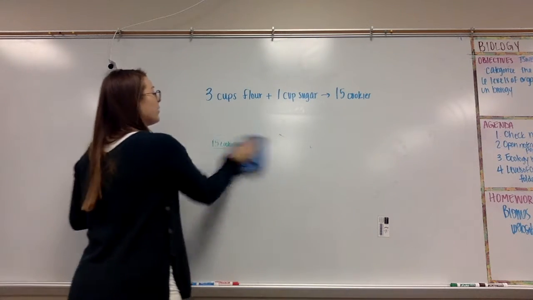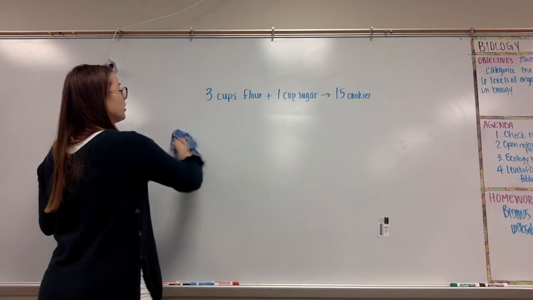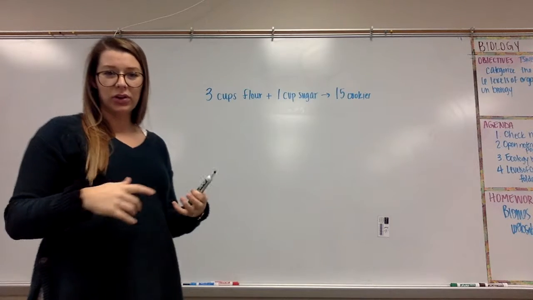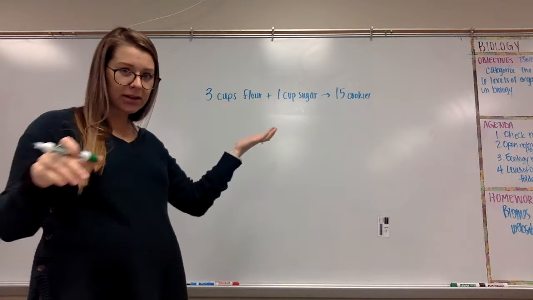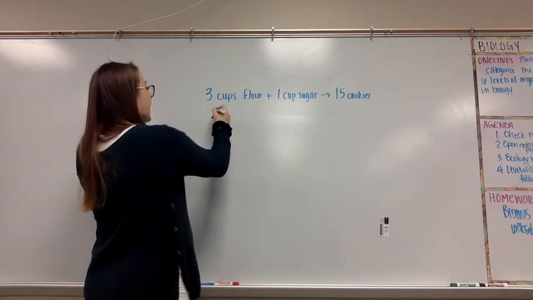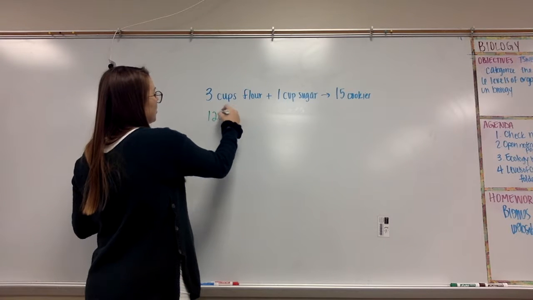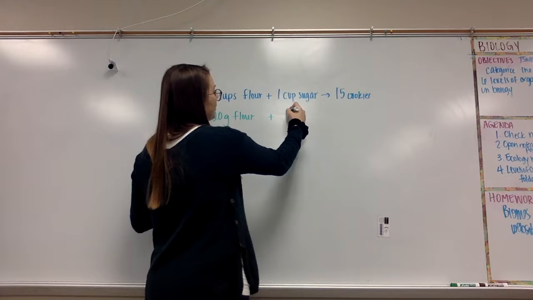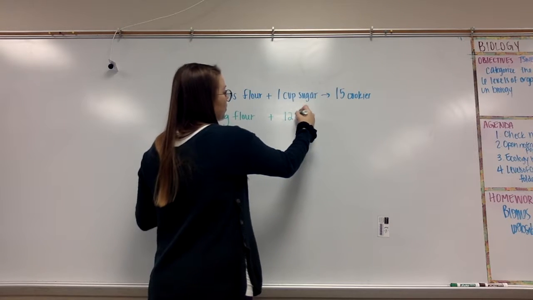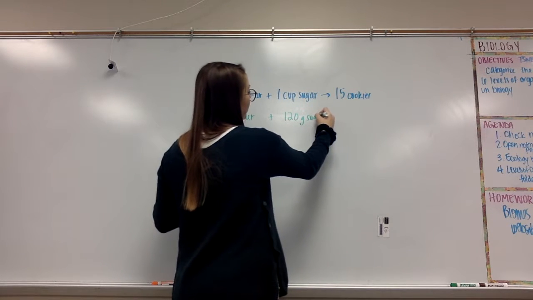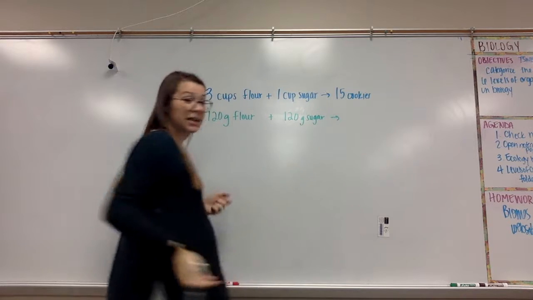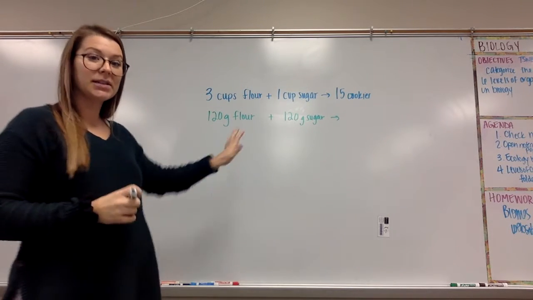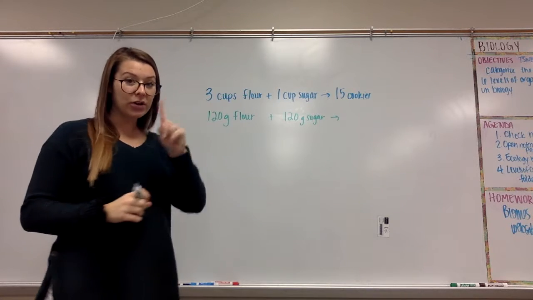Same idea with chemistry. However, chemistry seems harder because we're working with multiple units. So I'm going to give you another example here. Let's say I have 120 grams of flour and 120 grams of sugar. How many cookies can I make? In order to determine this, what would I first need to do?